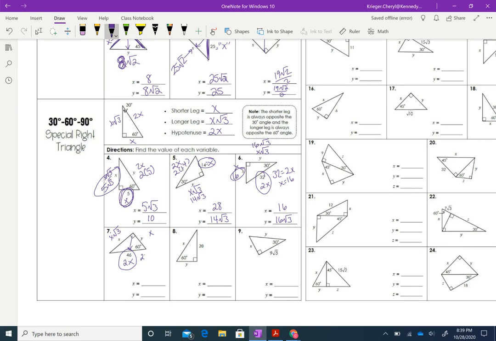So 2x equals 46. That makes x 23. So this side, our y, is 23. Okay, and then plugging in directly for the longer leg, x root 3 is 23 root 3.